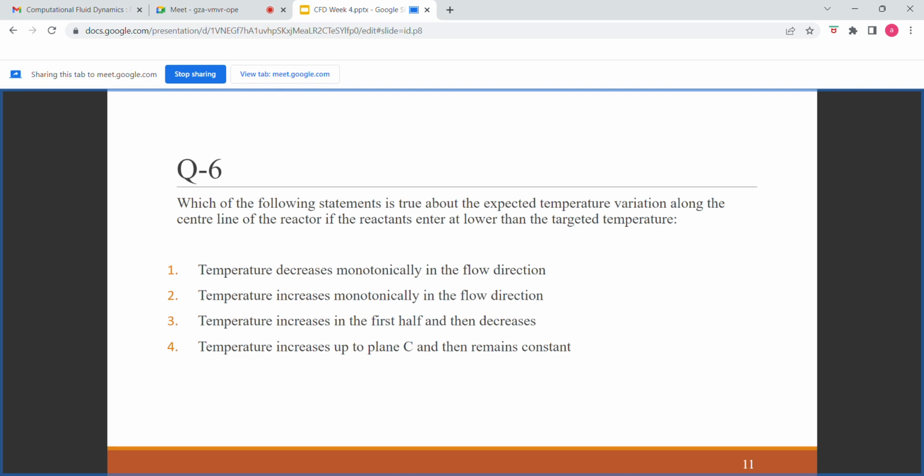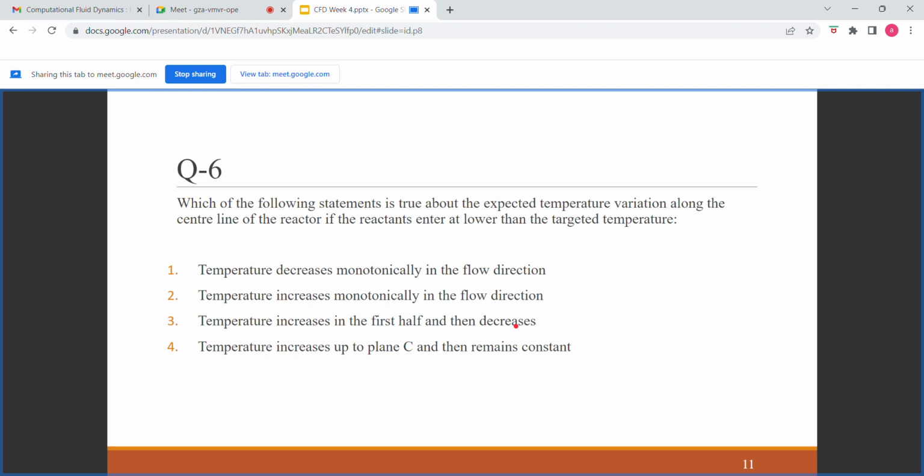So till that range, we expect temperature variation to be present. So the answer to this question would be temperature increases up to plane C and then remains constant.